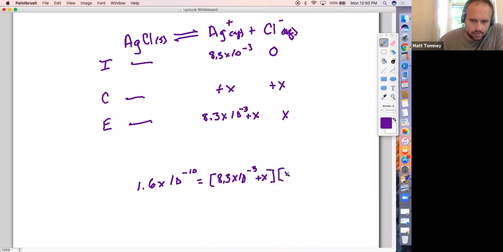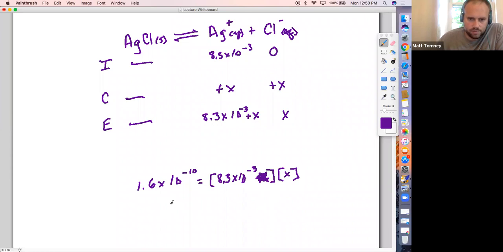times x, all right? Now, you can factor, you're going to get an x squared and an x, and then you could set all this equal to quadratic, but it's easier to use the 5% rule, so let's just take a look at that and see if we make a pass, and if we do, then we'll continue forward with that. So 5% rule says anything that is plus or minus x I can get rid of, okay? So I'm going to get rid of that plus x, but I have to keep this times x here.